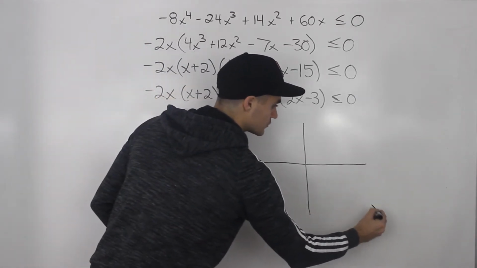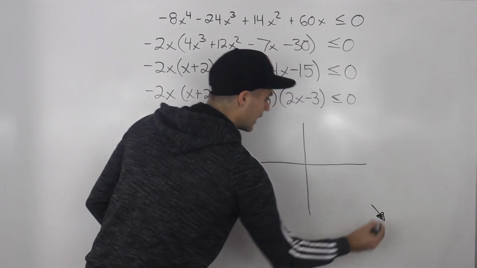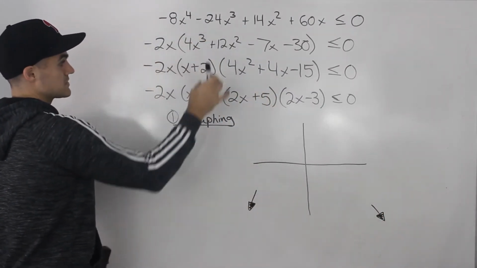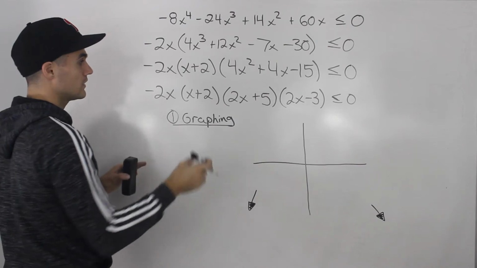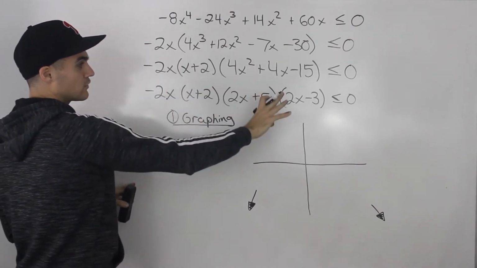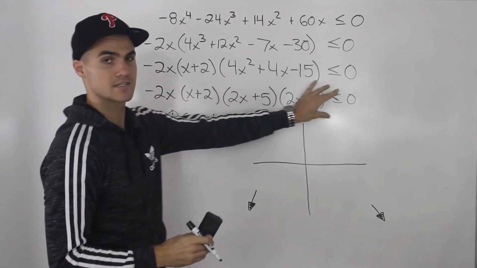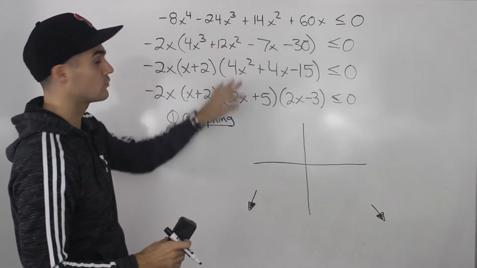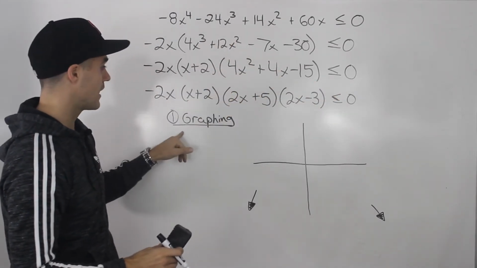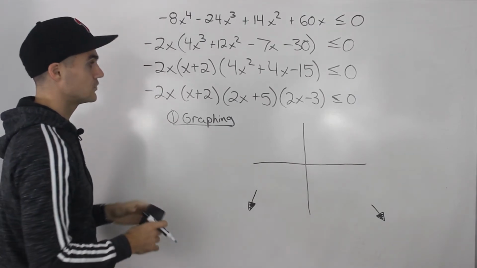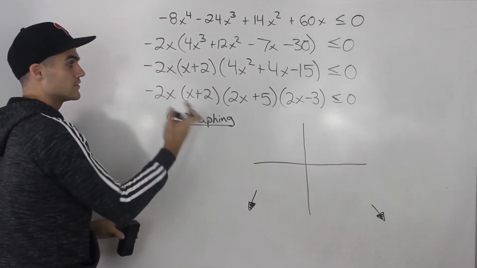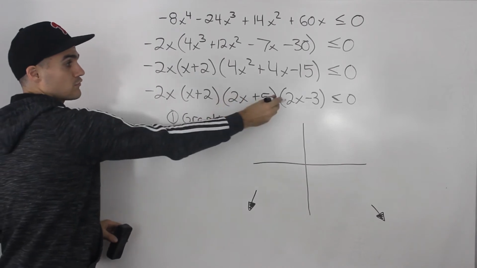Now, a remark I want to make about this is sometimes you'll actually get inequalities where it's already factored for you. So the question might just look like this, right? You may not have to go through that factoring process. Then if you're doing it by graphing, you have to manually find the degree, right? 1, 2, 3, 4.